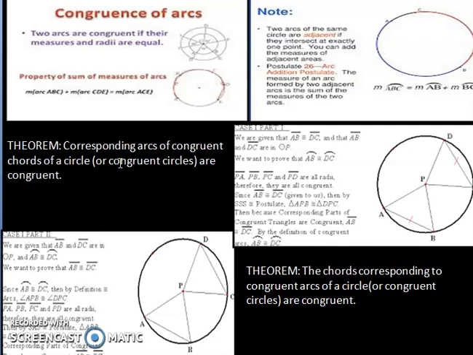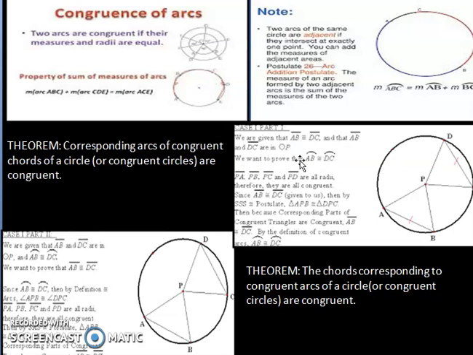You can see that chord AB is congruent to chord CD. So it is given AB is congruent to CD.